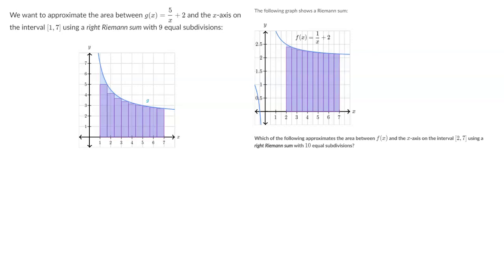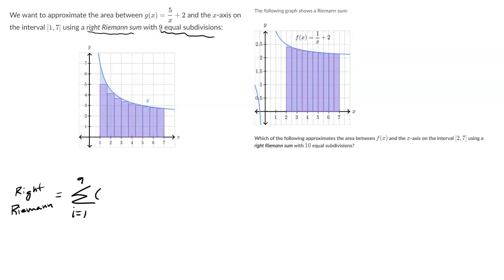Okay, so again, the picture is actually kind of irrelevant. I just wanted the information. So, example number 1. We are using a right Riemann sum. It's going to be the sum from 1 to the number of intervals. We were told there are 9 intervals.